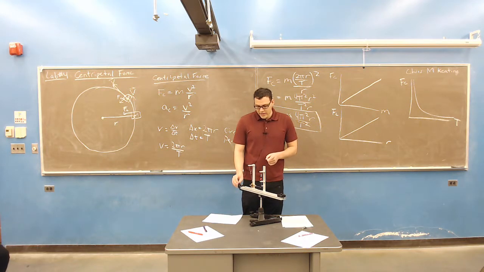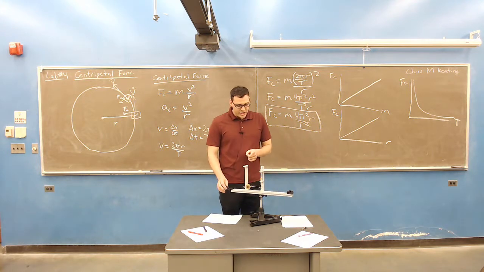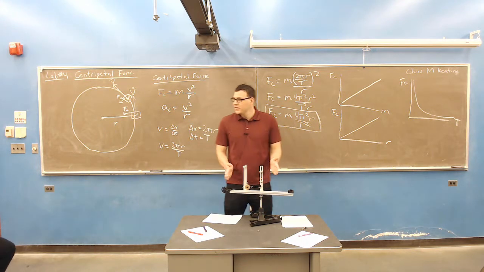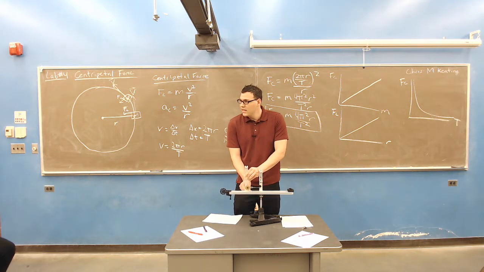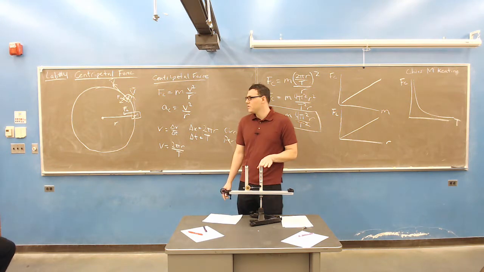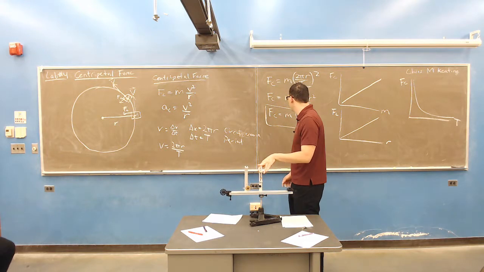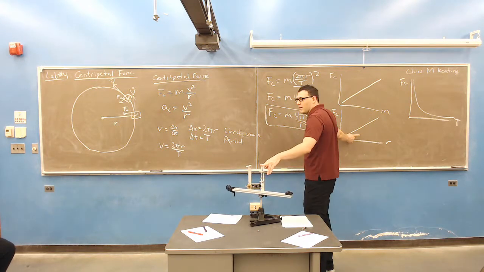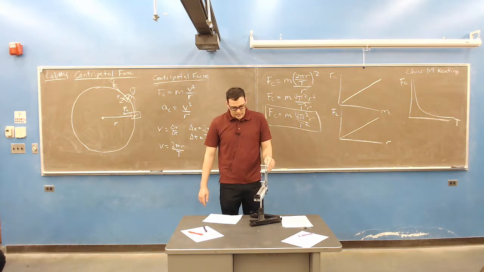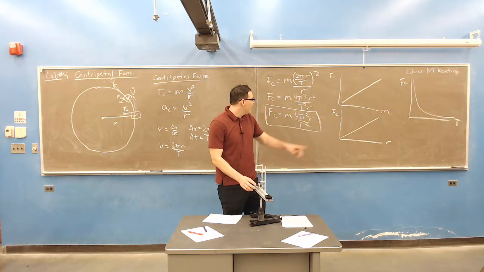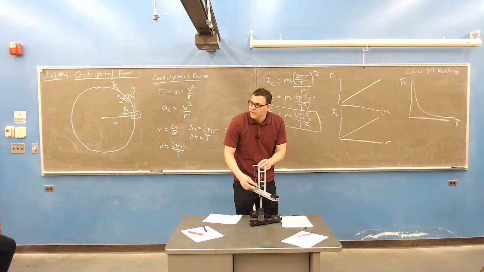So what are we going to change here? We can change the radius. So we can adjust this guy, and we can see how the centripetal force depends on the radius. Okay, that's that graph. We can change what else? Yes, we can change the mass, which is this mass, by the way.